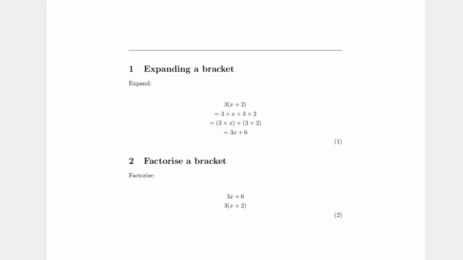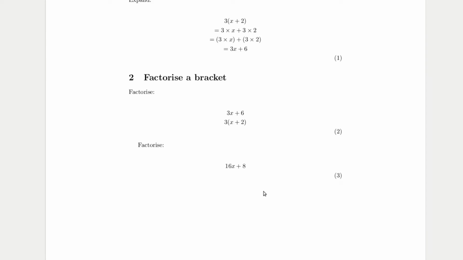So let's consider a couple more examples. Okay, so here's a new example. Factorise 16x plus 8. Well, we ask what's the common factor of these two terms, and in this case we can see there's several numbers that could be common factors. The first of which might be 2, because 16 is divisible by 2, and so is 8.